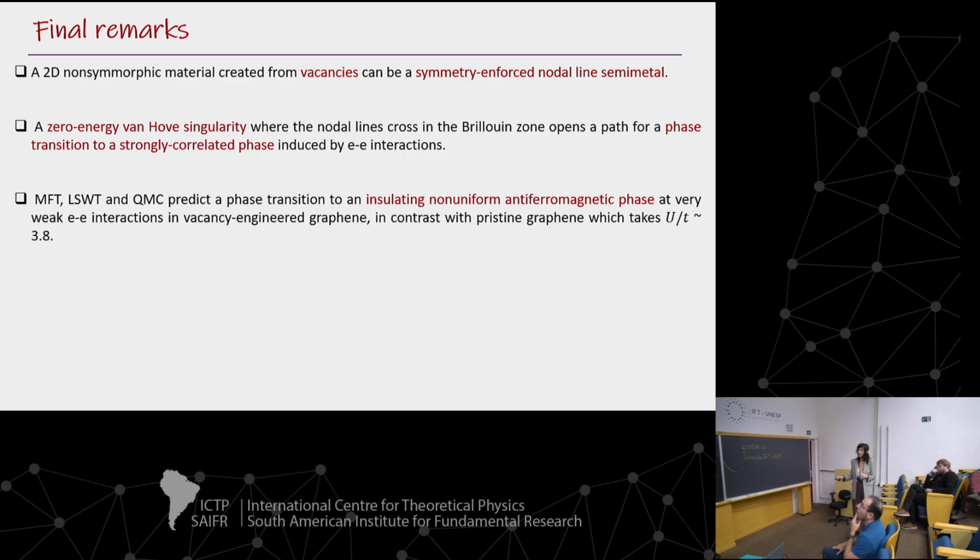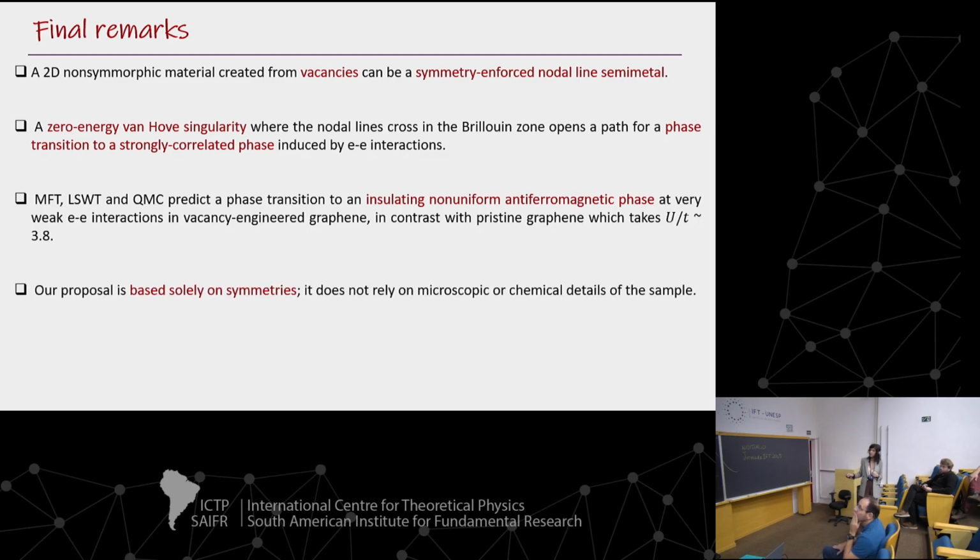By exploring electronic interactions in the weakly interacting case with mean field theory, linear spin wave theory in the strongly interacting regime, and quantum Monte Carlo simulations for interactions of intermediate strengths, we see that there is in fact a transition to an insulating non-uniform antiferromagnetic phase at very weak electron-electron interaction strengths, which is in contrast with what is known for pristine graphene, which takes a much larger value of electronic interactions.